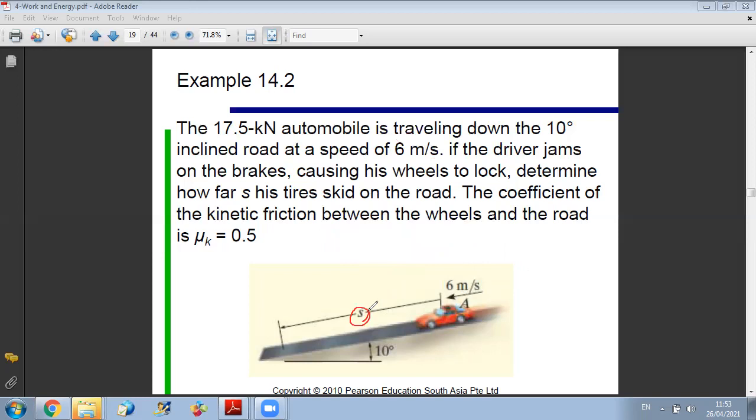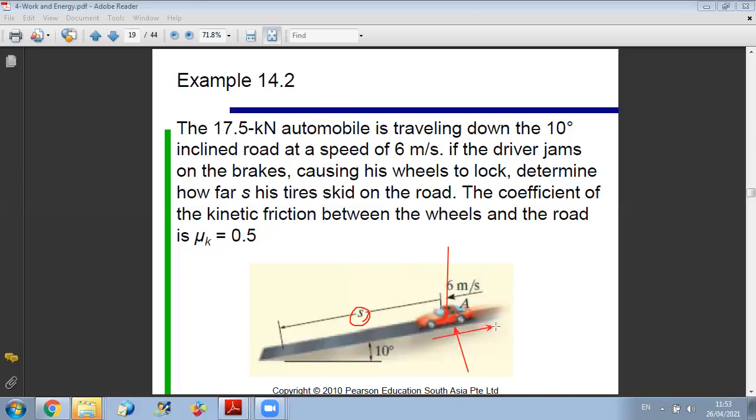To be able to do it, we should first do the free body diagram. So we determine what are the external forces acting on our car. We have first the weight, which is always vertical. We have the normal reaction, and here, since you are using your brakes, and there is no driving force, and the engine is not working, you will only have the deceleration due to friction.